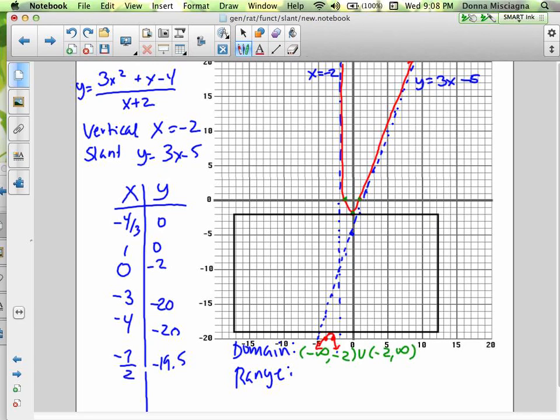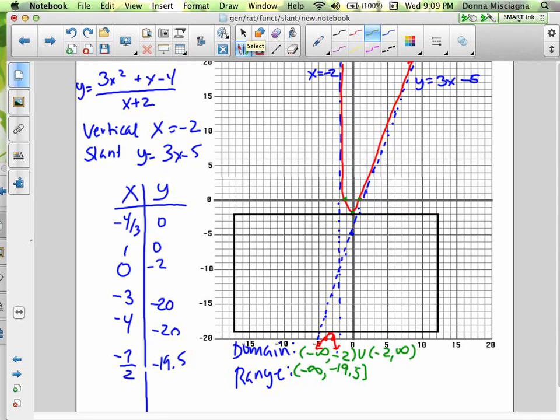So we're coming from below, so negative infinity, and our graph turns around at negative 19.5. And because it's halfway between those 2 points, I feel really confident that negative 19.5 is a relative max in that little section of the graph. I put a bracket because we do go through the point.